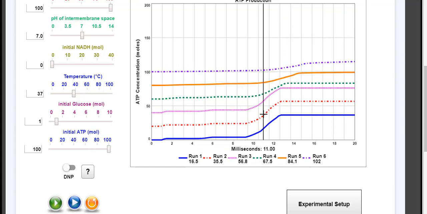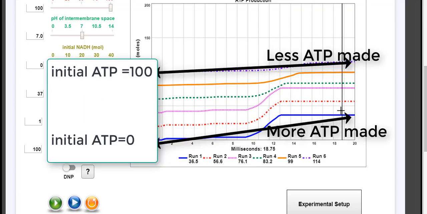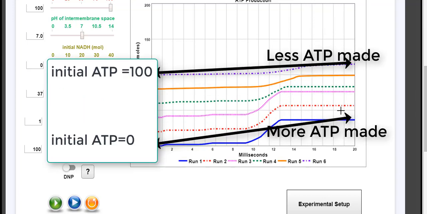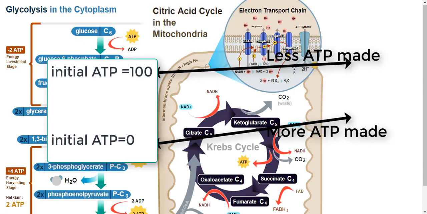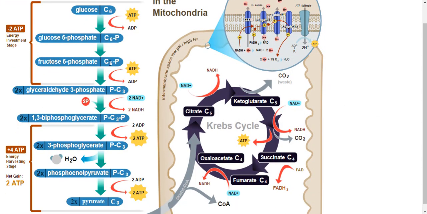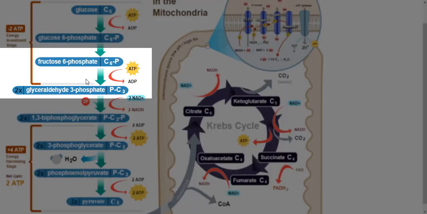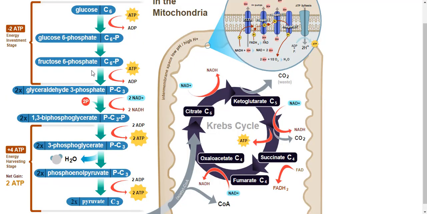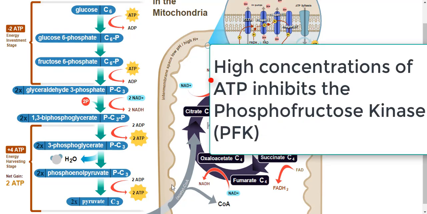Why I included the ATP is to show something that students often don't have a lot of experience seeing data with, which is the feedback loop that takes place. So if we look at this system, this reaction right here, where fructose 6-phosphate is made into glyceraldehyde 3-phosphate, is done by an enzyme called PFK, or phosphofructokinase.